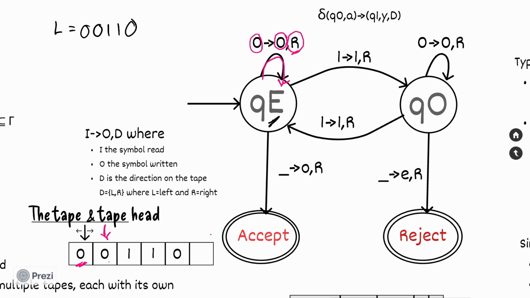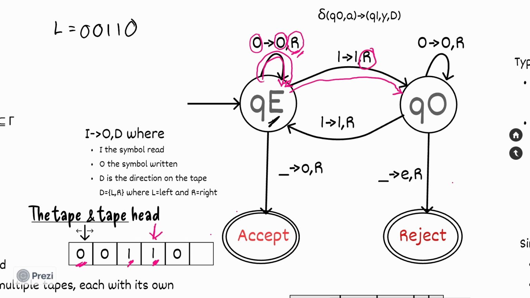Here, on reading input 0, we shall repeat the same transition and take one step to the right again. Now here, on reading input 1, we shall take this transition onto state Q1 and move one step to the right.